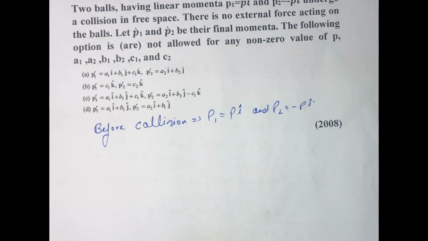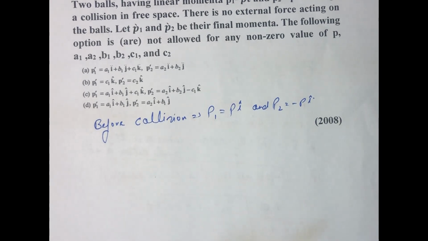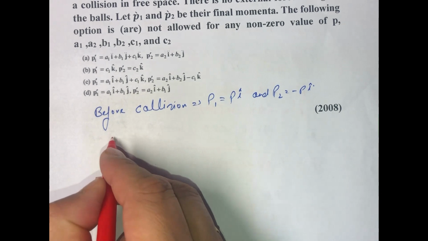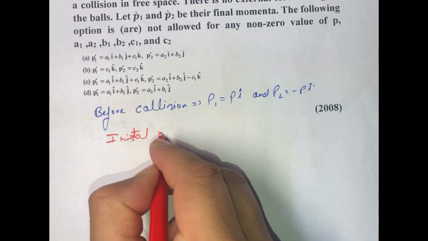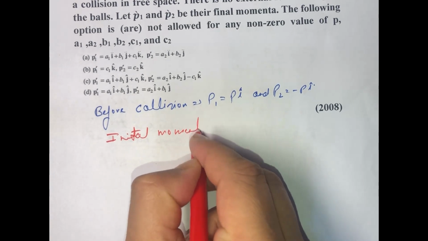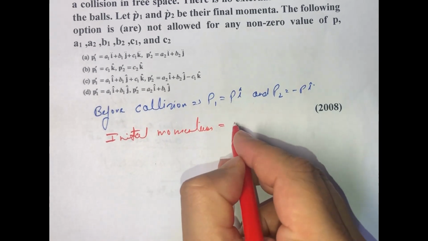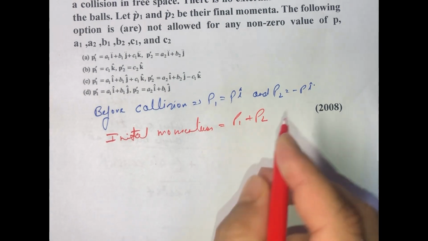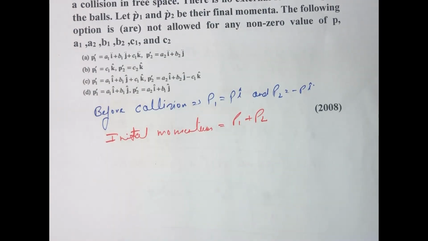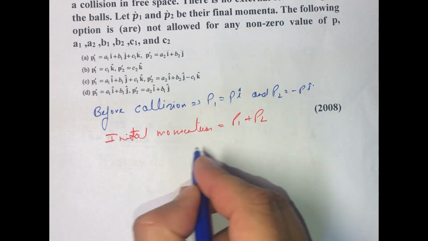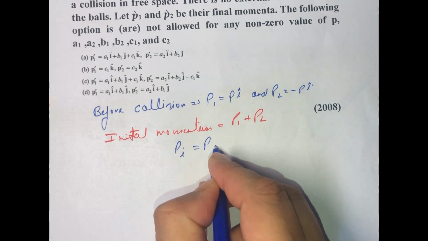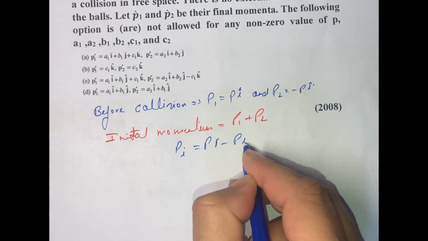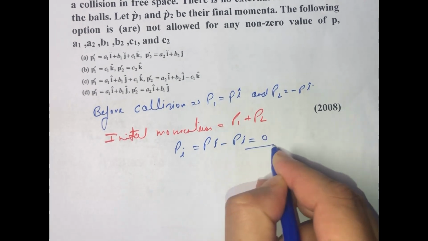So we can say that the total initial momentum will be equal to P1 plus P2, and let us call this initial momentum Pi. So this will equal P unit vector i minus P unit vector i, and this will become 0.